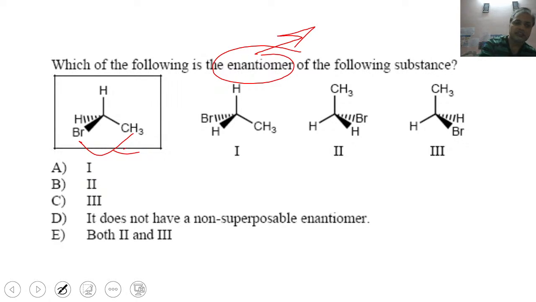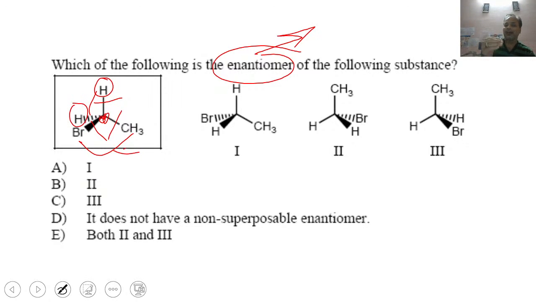Now in this case, you don't have any asymmetric carbon, because this is the central carbon, and what was the rule? The rule was first you look at whether the carbon has 4 single bonds. So this central carbon has 4 single bonds, and all those 4 groups should be different. But in this case, in 2 places we have hydrogen.